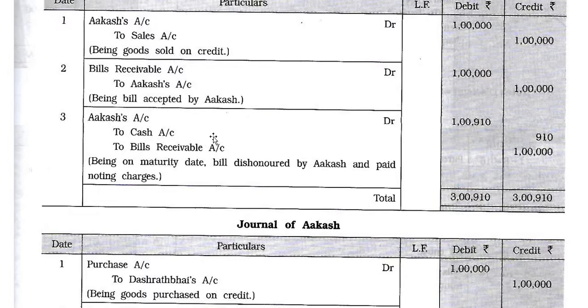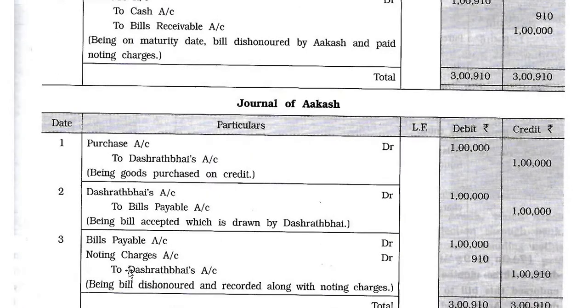And the noting charge is paid in cash. Cash is a current asset, so when a real account goes out, then credit. So 910 rupees paid and so Akash account debit to bills receivable, reverse this entry, and cash payment is there, so to cash account. So 1 lakh and 910 total amount is debited to Akash account.